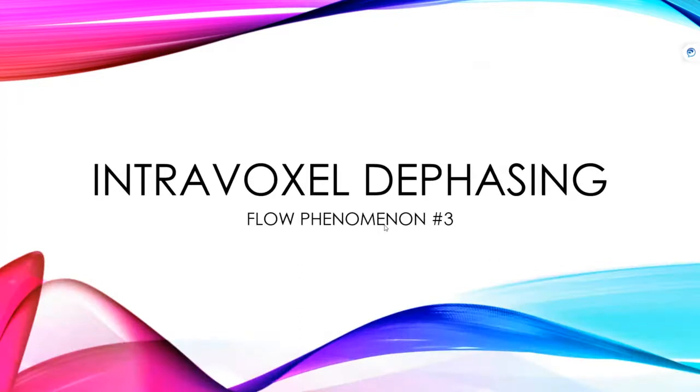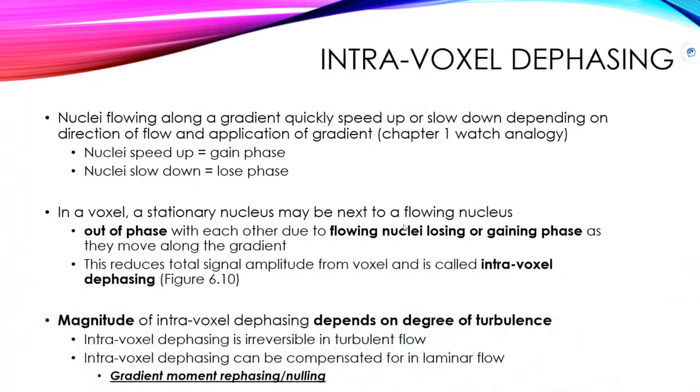Okay, so intravoxel dephasing is that third phenomenon that we encounter in flow imaging. I try to condense these slides as much as I can, but sometimes it's hard because I can't tell you what the point is entirely without spelling it out for you.